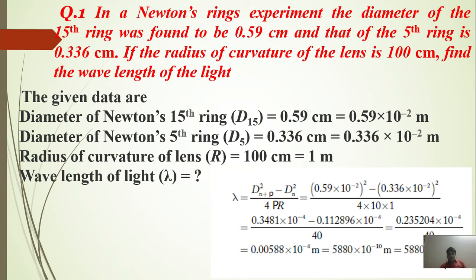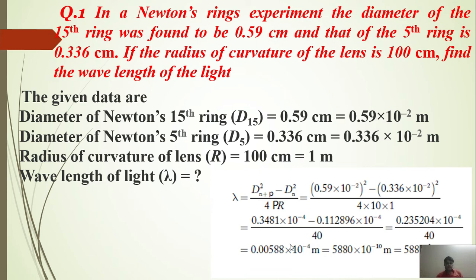Solving, we get the answer 5880 Angstrom. So we have calculated the wavelength of the light by 3 steps: number 1, what is given; what is to be found out; and the relation between the given and the unknown. Any numerical is solved by these 3 concepts.